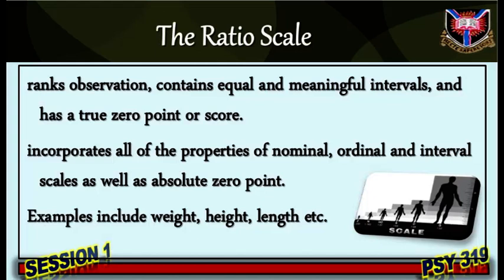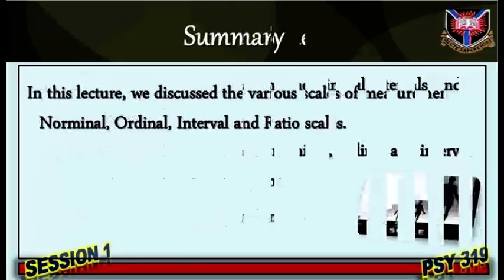For instance, the 0 measurement on a ruler means that there is no object being measured, just as a reading of 0 miles per hour on a speed meter indicates that the car is not in motion. Examples of variables on ratio scale of measurement include weight, height, length, etc.